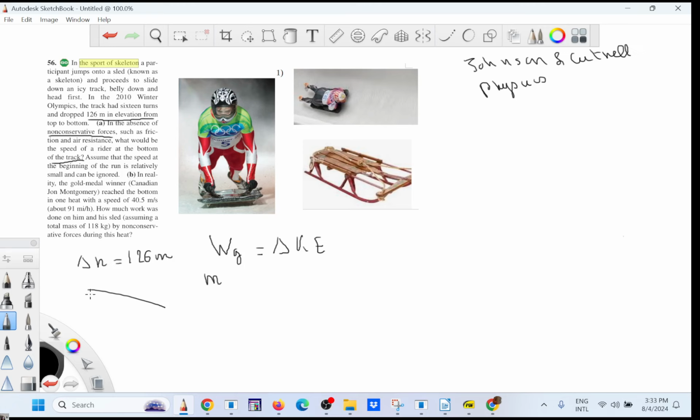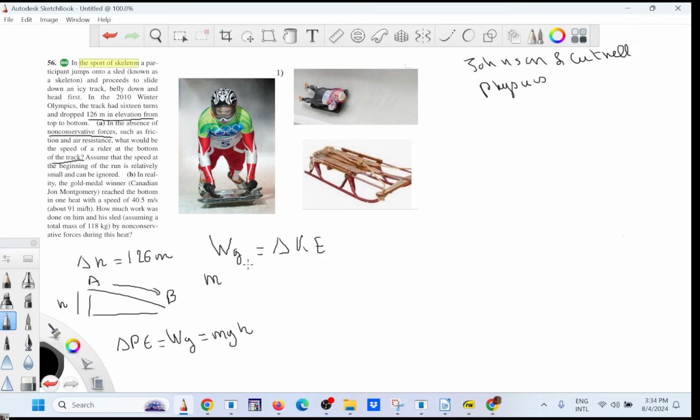So even though someone goes from A to B, from here to there, the change in potential energy, which is equal to the work done by gravity, not talking about sign here, just magnitude, will be equal to mgh. So that's going to be h, right?